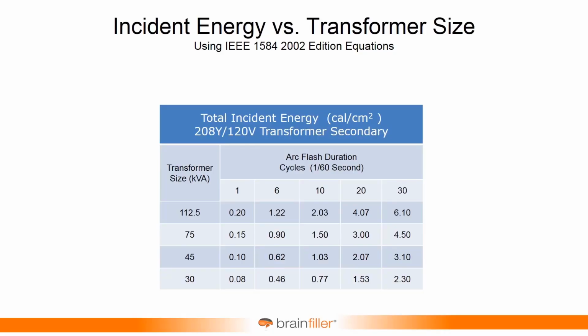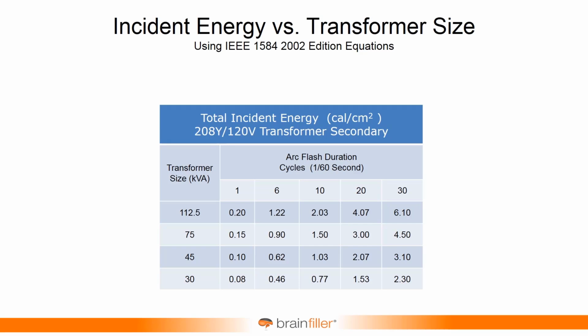I ran some numbers based on the 2002 edition of IEEE 1584, looking at typical transformer sizes and a pretty typical impedance, and looking at the incident energy based on 1 cycle, 6 cycles, 10 cycles, 20, and 30 cycles. With a 112.5 kVA transformer, you cross over that magical 1.2 calories per square centimeter threshold where protection is going to be required.